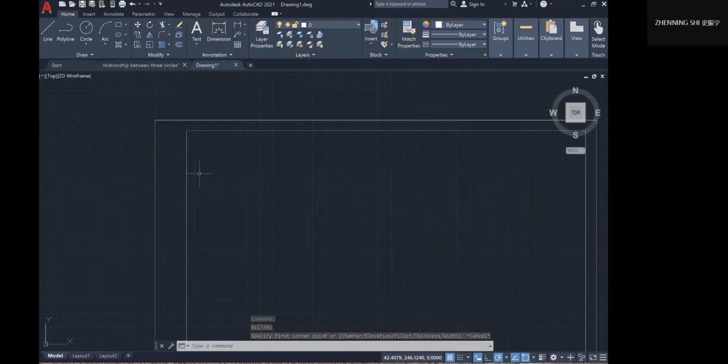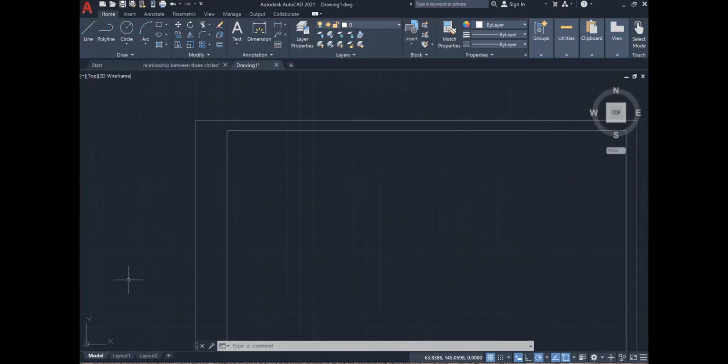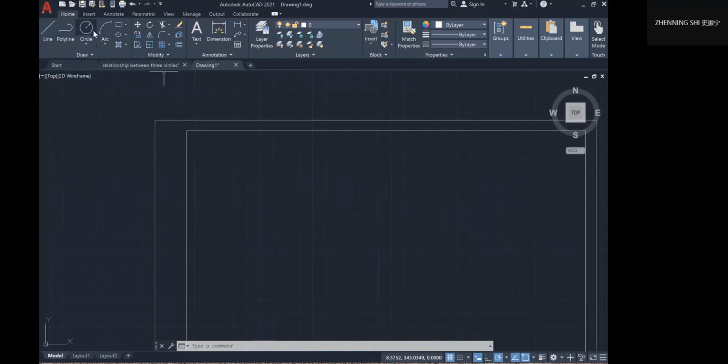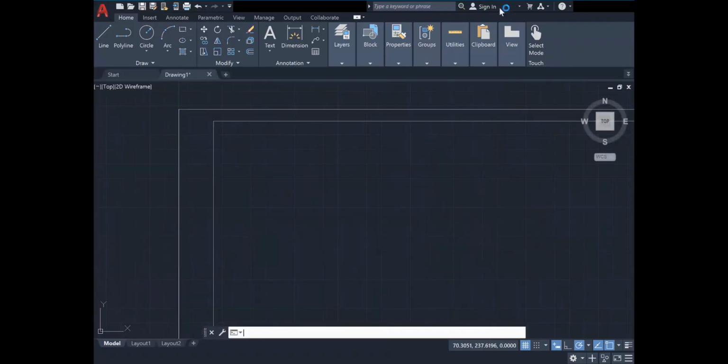Now it's time for us to draw the hook again. Let's draw it. I will open the PDF for you.